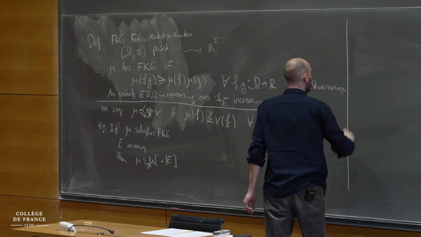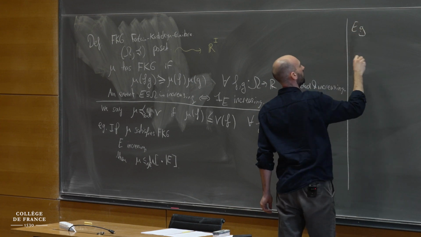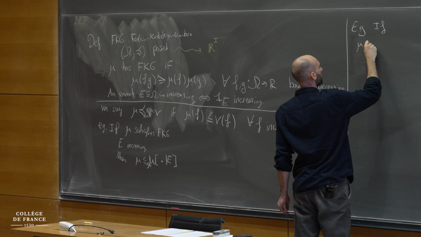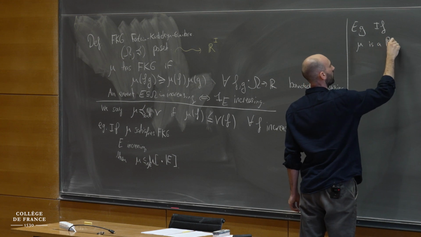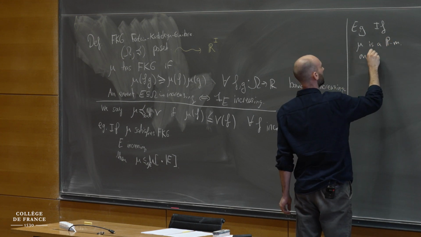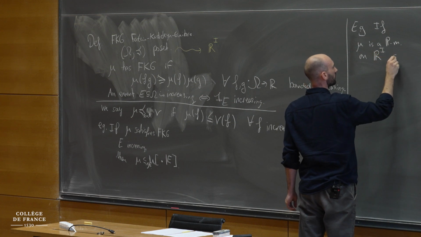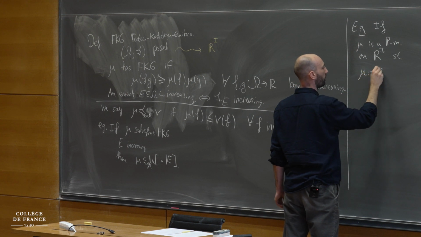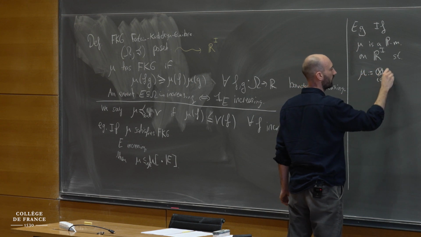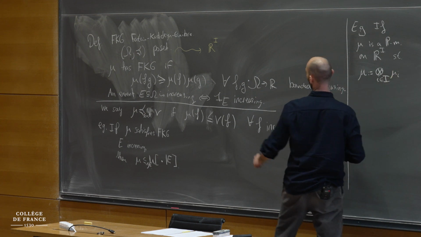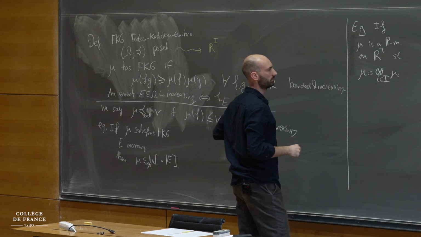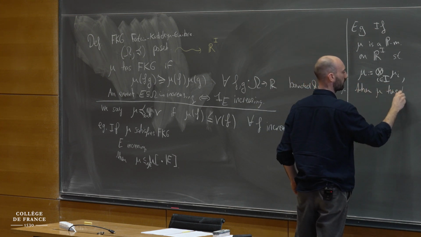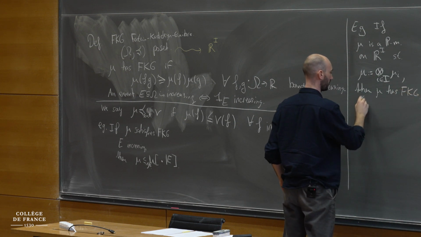So for example, if mu is a measure on R^I, such that mu is in fact a product of separate measures on R, then mu has FKG. So this is called the Harris inequality.